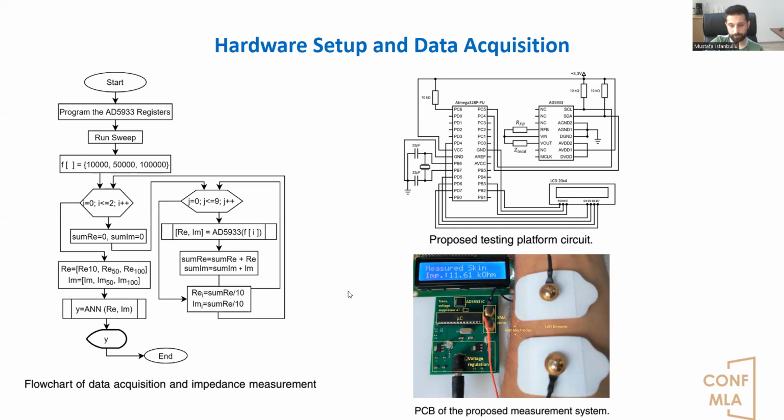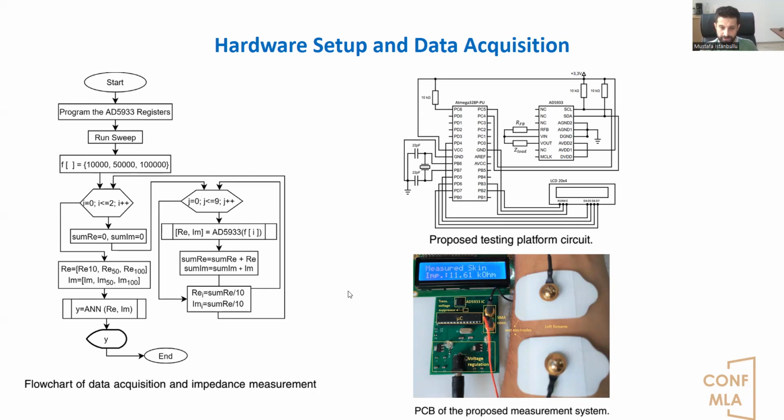Two 10 kilo ohms pull-up resistors are wired to the chip to keep the serial data and serial clock pins from floating. The voltage gain of the programmable gain amplifier, let's say PGA, and the output's excitation voltage is set to X1 and 2.2 volts peak to peak respectively.